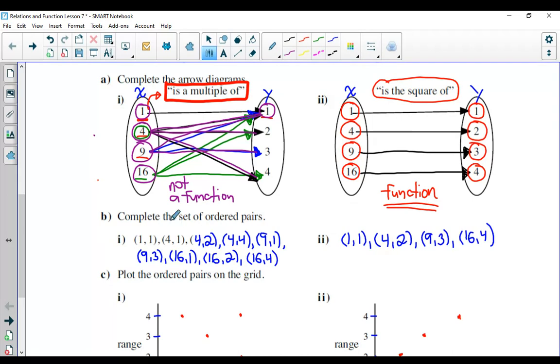The instant I see the input values repeat, like you have (4, 1), (4, 2), (4, 4), what that means is that the x coordinate of 4 would relate to a y coordinate of 1, 4 would relate to a y coordinate of 2, 4 would relate to a y coordinate of 4. So because your x coordinate, which is your input value or your domain value, is mapping to more than a single value for the range, it's not a function.